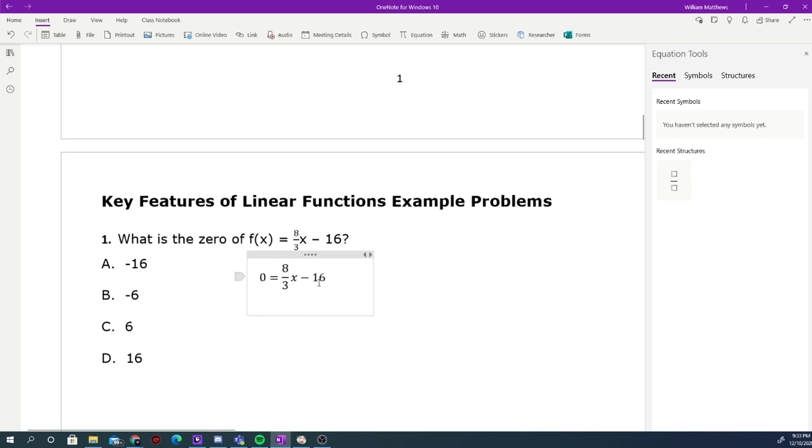Our next step would be add 16 to both sides. Yet again, probably want to keep this in equation format.